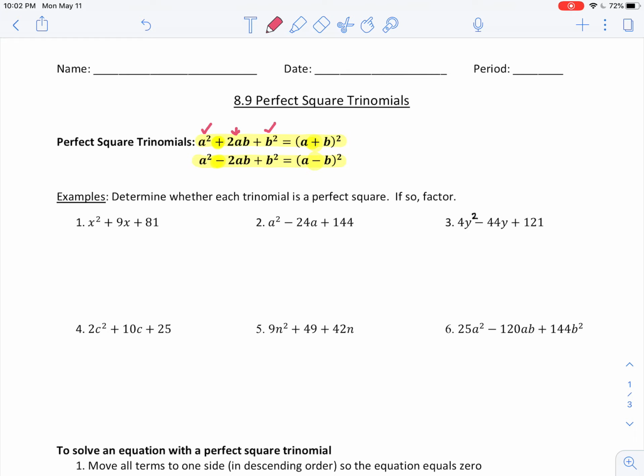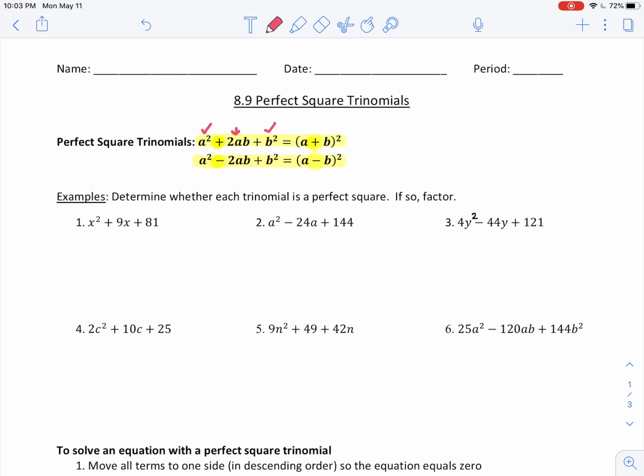We'll go through that as we look at each question. So first term must be a perfect square, last must be a perfect square, the middle must be 2 times the square root of the first times the square root of the last.